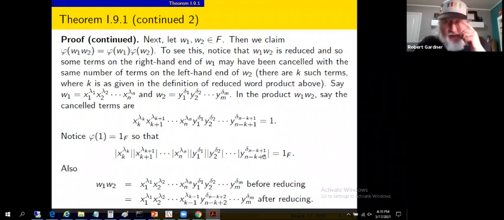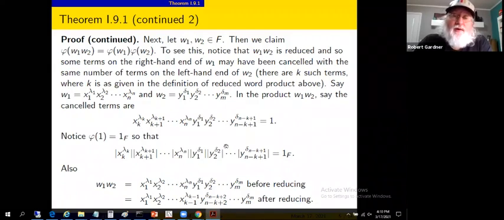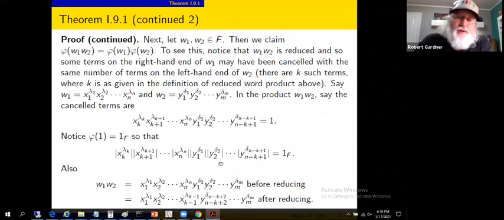Right down here, we're actually in the group of all permutations on set F, the set of reduced words. So this is what phi does to this reduced word. This is what it does to this word. It's not reduced, it reduces to 1. But that's what phi does to this, so that's what phi does to 1 because they're equal. So that gives us this type of relationship between the mappings and the identity functions.